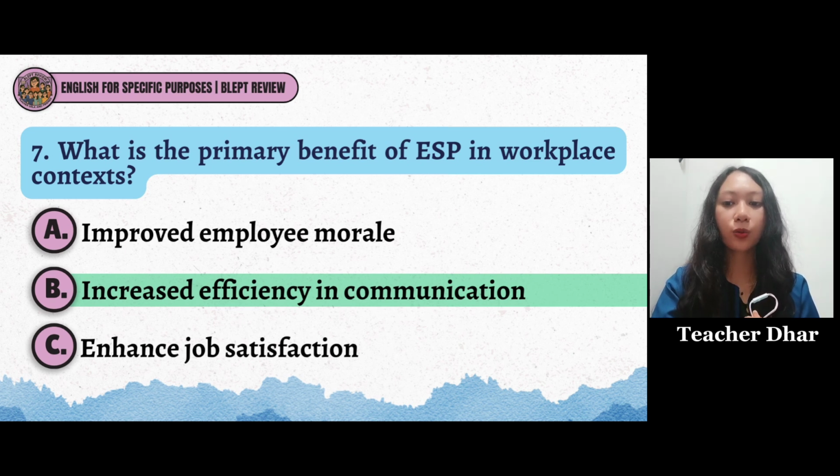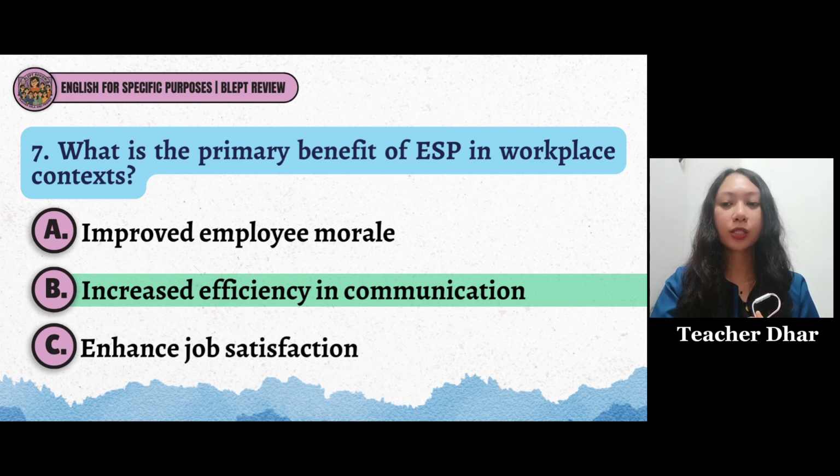They also read and write technical documents, emails, and instructions, and also interact with clients and colleagues from diverse linguistic and cultural backgrounds. Meanwhile, the other two options are incorrect because they are not the primary benefit of ESP in workplace context, but they may be somehow the secondary benefit of it.